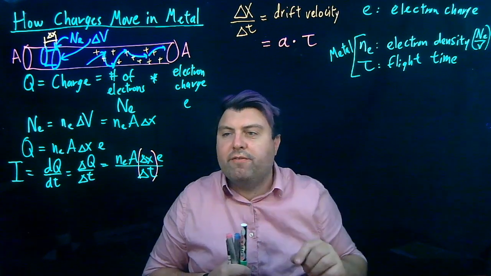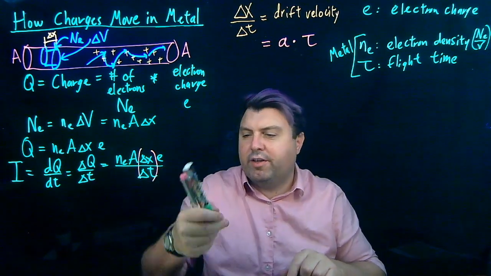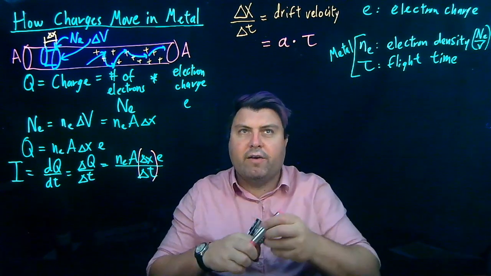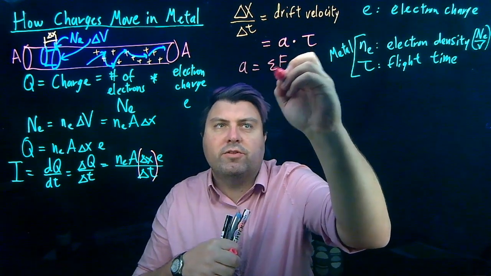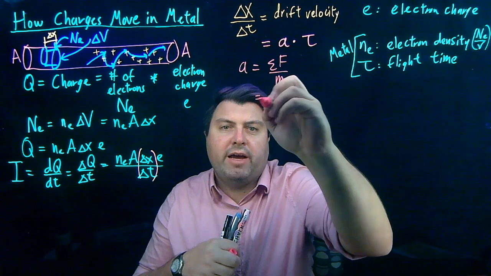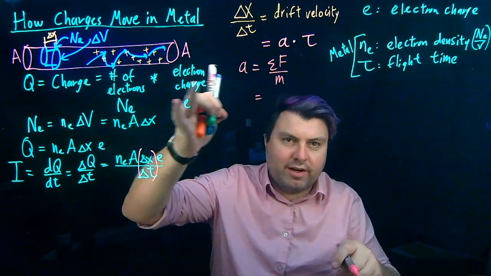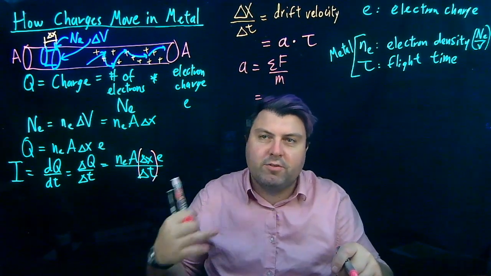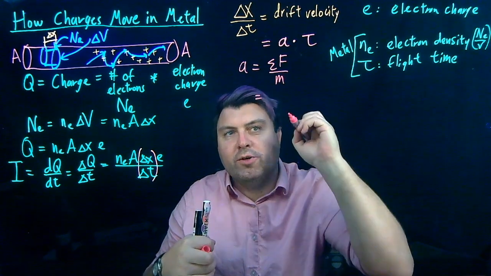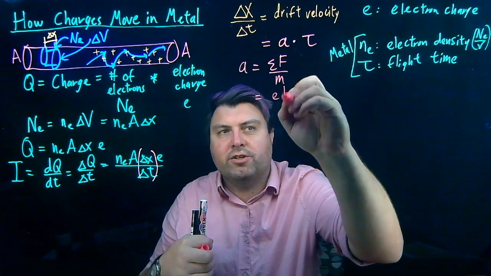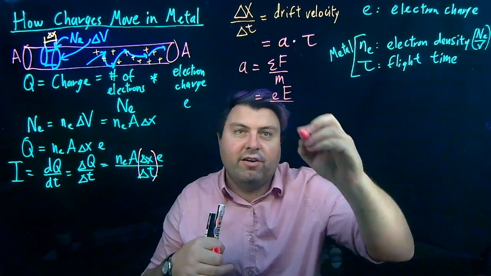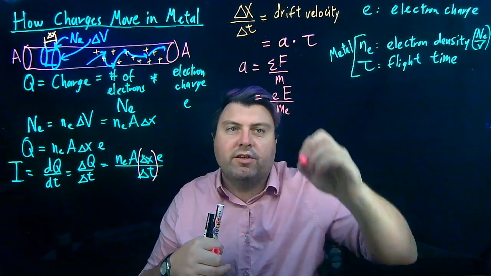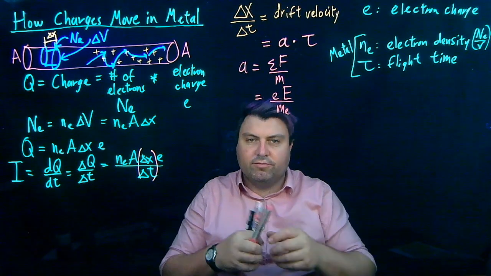So now we have this for a times tau over here, but we also want to look at what a is. Well, a is the sum of the forces over the mass. And in order to get charges to move, we subject them to an electric field. So the force from an electric field is the electron charge E times the field E, and since our charge carrier is the electron, it's over the mass of the electron.